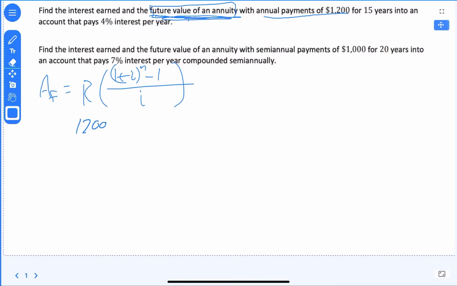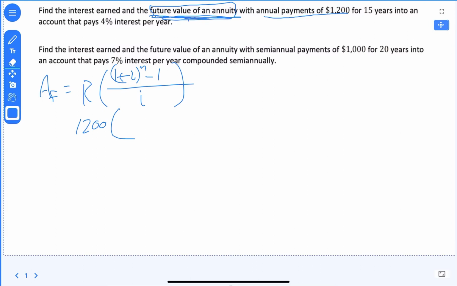So we'd have 1,200 times, what is 4% over... what would we do there?